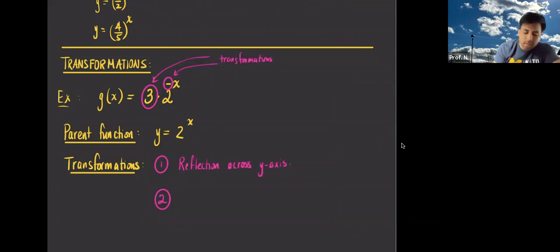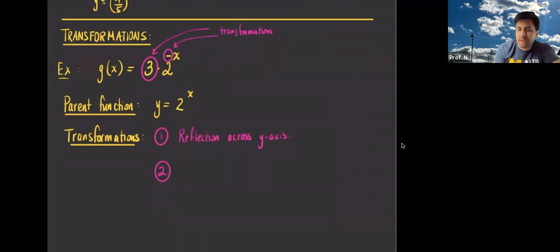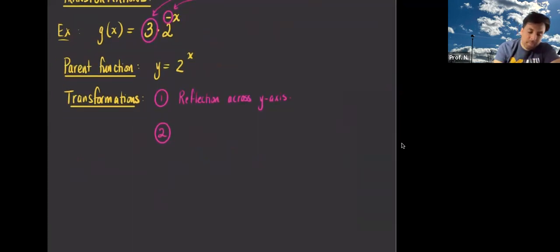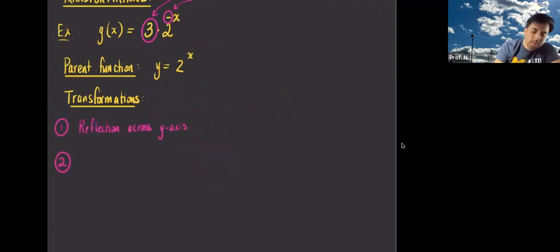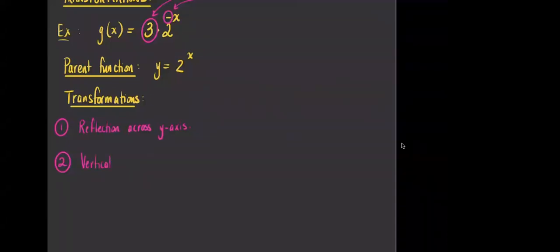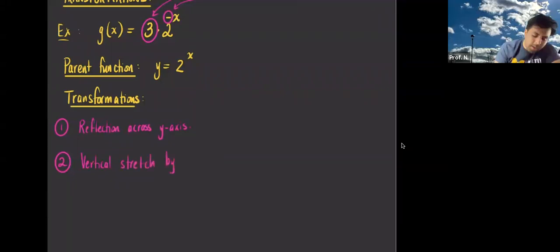And then what does the 3 do in front? It does a stretch. What kind of stretch is it? Is it a vertical stretch or a horizontal stretch? Very good. This is a vertical stretch by a factor of 3.